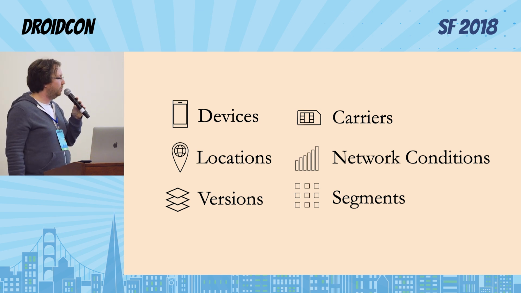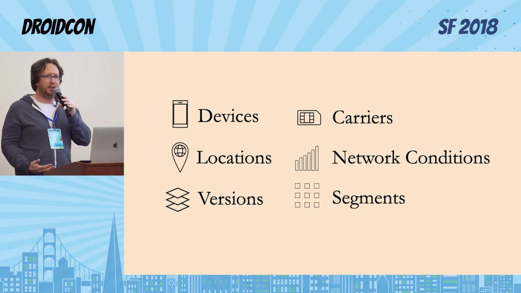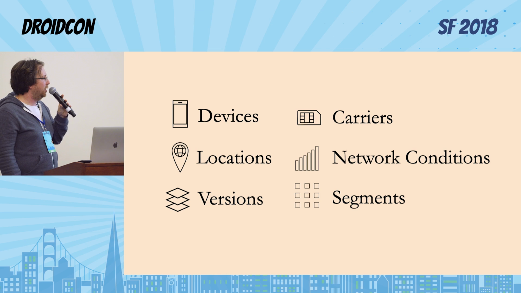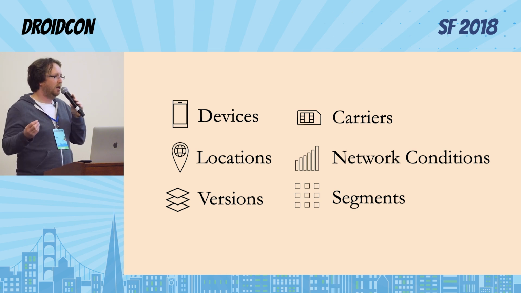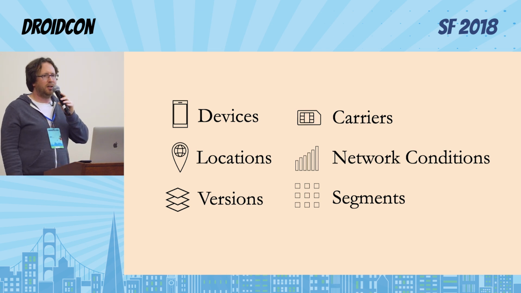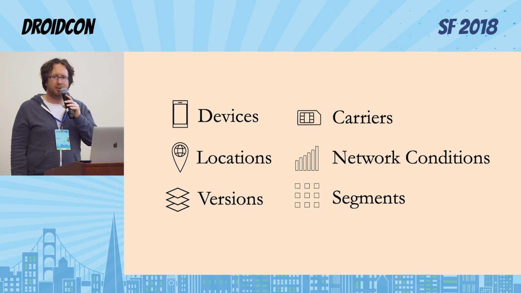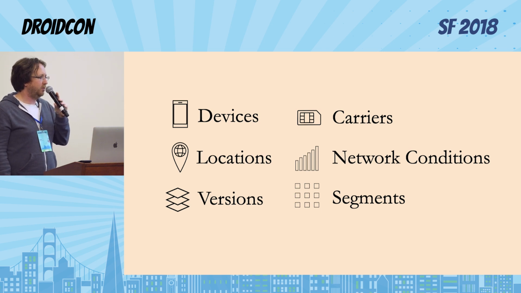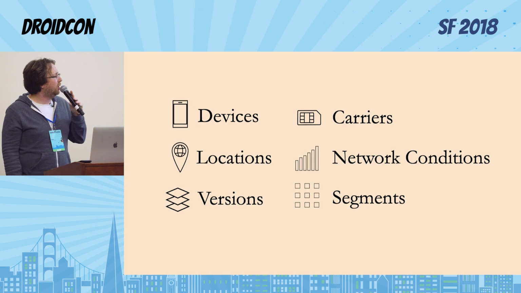If you look at the top 10 devices per region, there's some pretty high variation. If your app is working on a Qualcomm processor in one region and a different processor in another region, sometimes there can be performance differences between those. So looking at the breakdown of devices can be interesting.